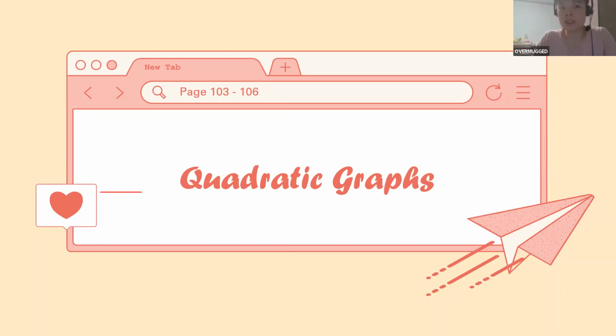Okay, so usually you will see this kind of equation. If you plot them out, you will actually get curves like this. And you will get a smiley face or a sad face depending on the coefficient, the number of A. If A is positive, you will get a smiley face. If A is negative, you will get a sad face. So what do I mean by that?